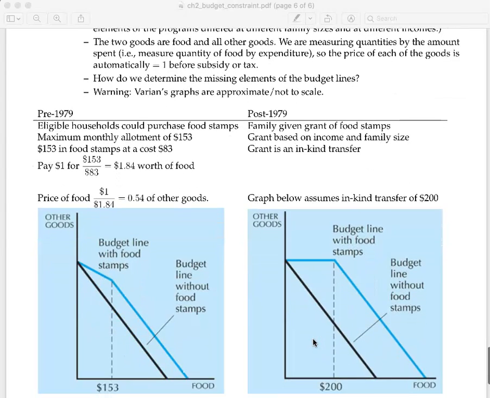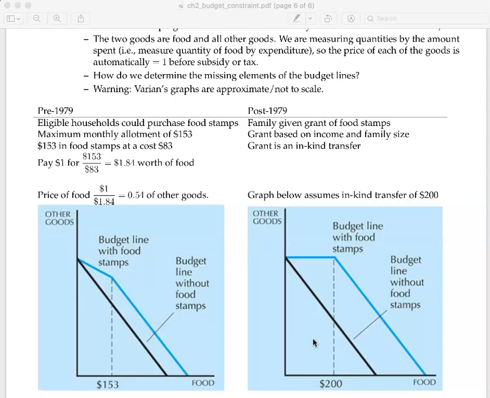We're going to say there are two goods: food and everything else, right? And for the sake of this exercise, we are going to take the price of other goods as being equal to 1, and we're actually going to think of total expenditures on food here.